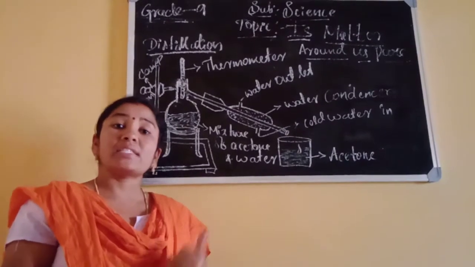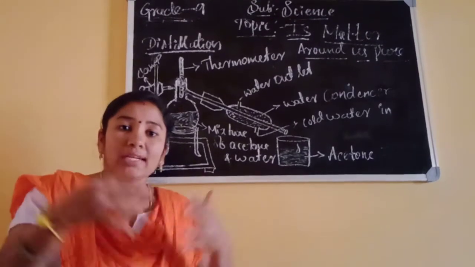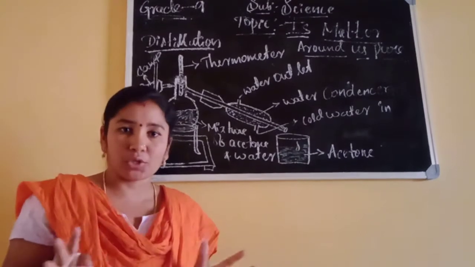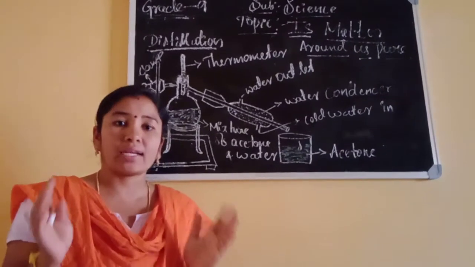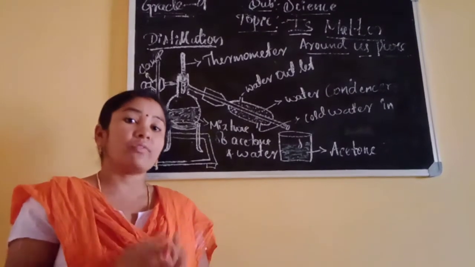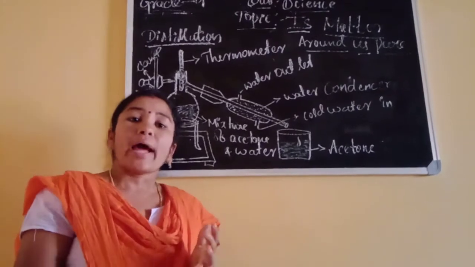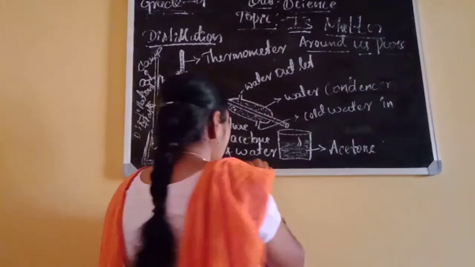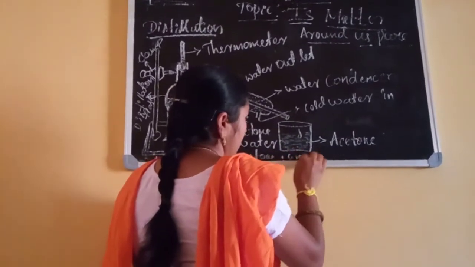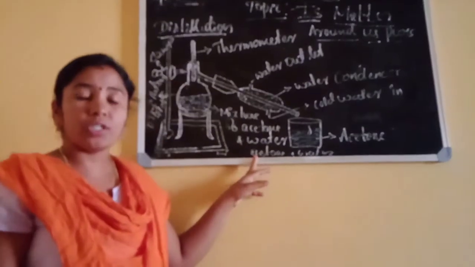Then what is meant by miscible liquids? When we add two liquids together and stir, they completely mix together. We can't find out what liquids are mixed in that. Similar liquids. Example, acetone and water. Do you know acetone?